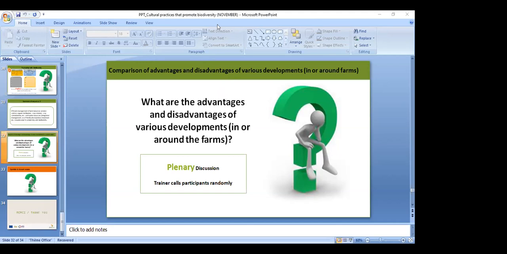Yes. Okay, can you just tell us the advantages and disadvantages of the various developments? All of these things we have put together, all of this you have discussed, what are the advantages and disadvantages on your farm?